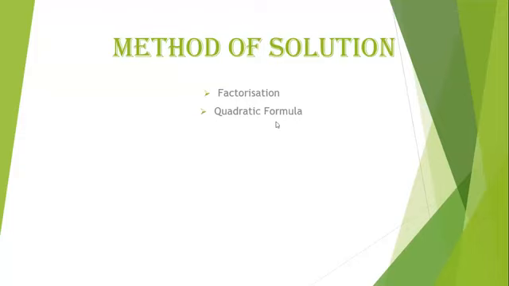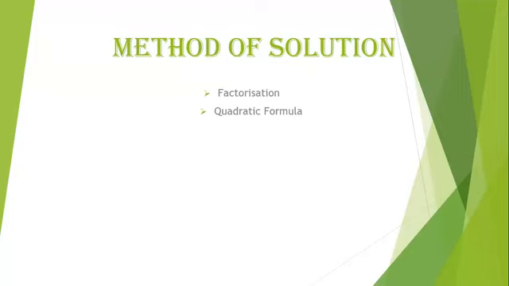Actually, by using the formula, we can solve any type of equation, but with the factorization method, we have a limitation. Only some types of questions can be solved. So, even if factorization is possible and you solve it using the formula, you will get the same answer.